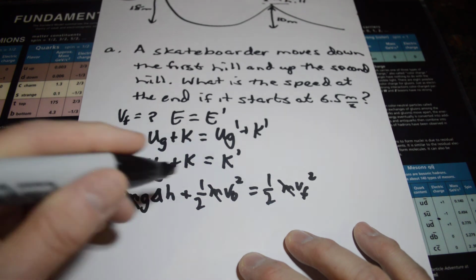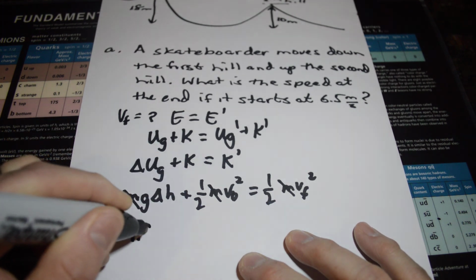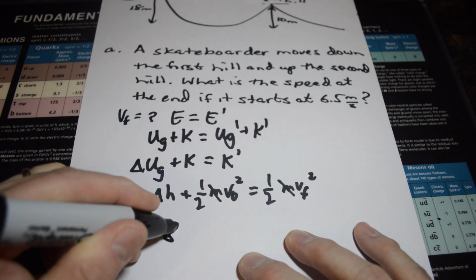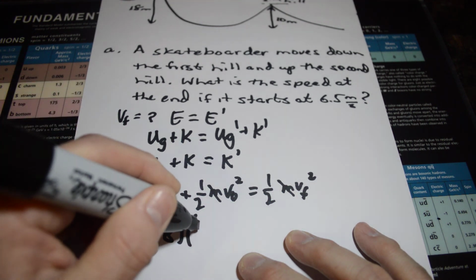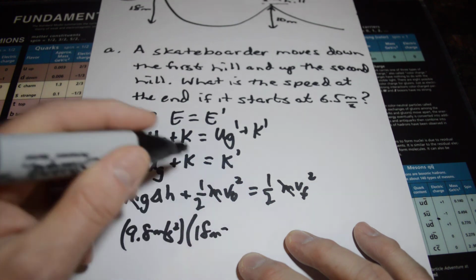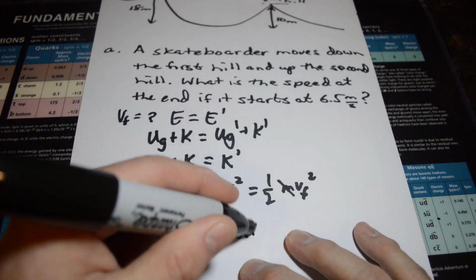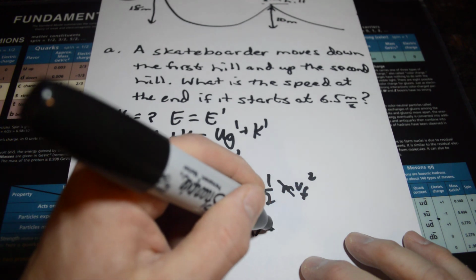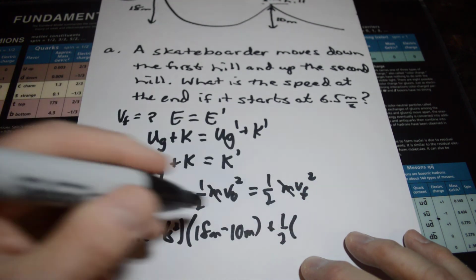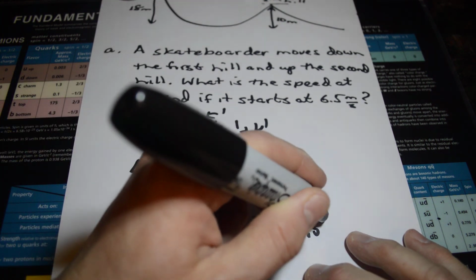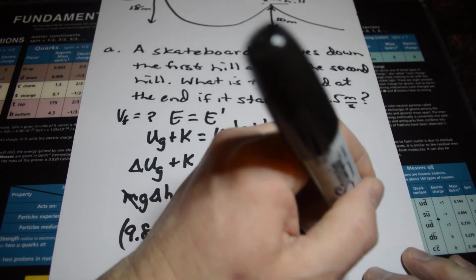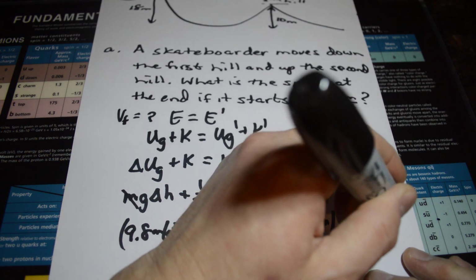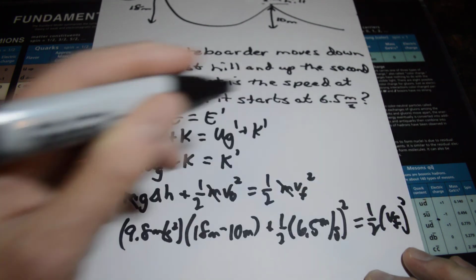So if we put in some numbers, we should be able to get an answer to this. 9.8 meters per second squared times the height. Change in height would be 18 meters minus the 10 meters at the top of the second hill, plus 1/2. It does have an initial velocity, so you have to add that in. 6.5 meters per second quantity squared is going to equal 1/2 v final squared.